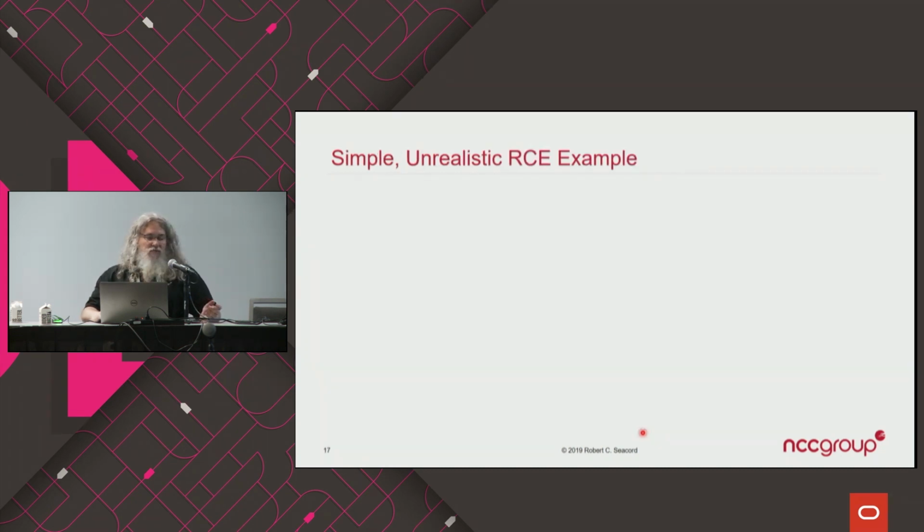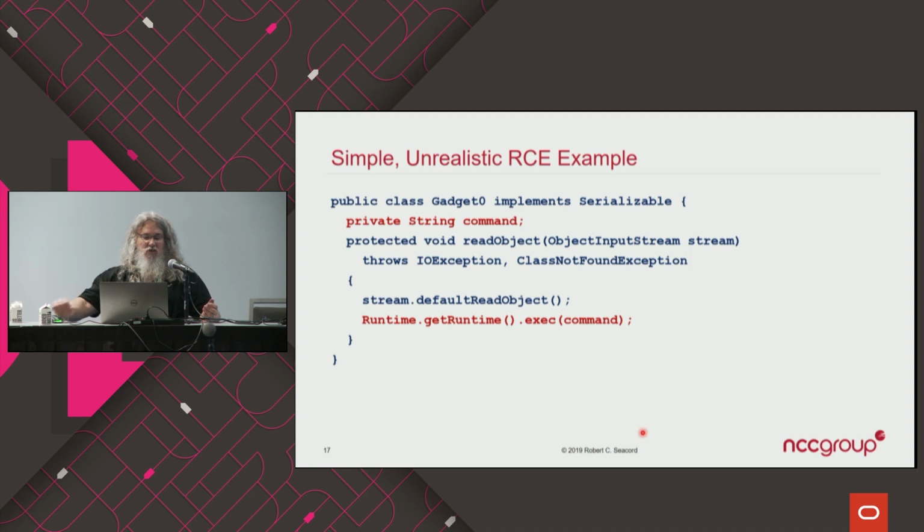So a simple, unrealistic remote code execution example is that we have a serializable gadget, and we have a private string command. And then we have a readObject method, which is going to basically execute this command, right? I say unrealistic and simple because it looks unrealistic and simple, but trust me, people have done this and deployed this.